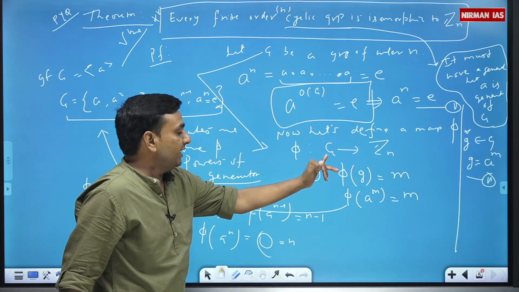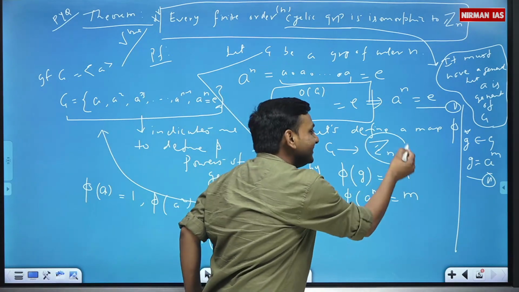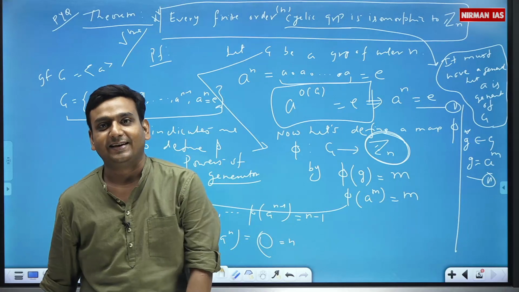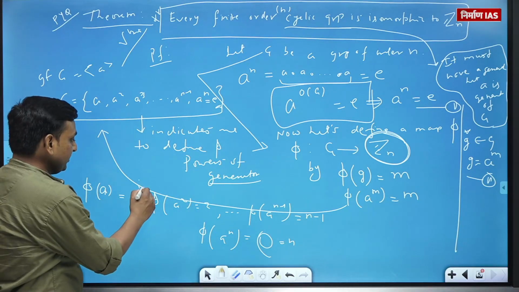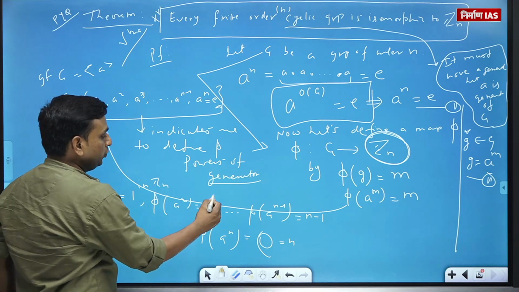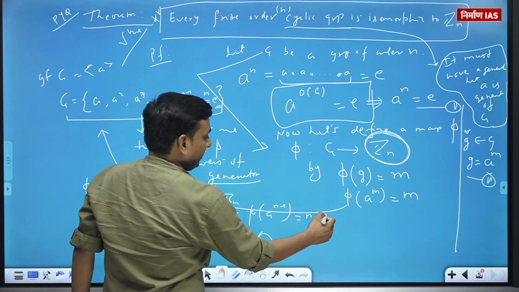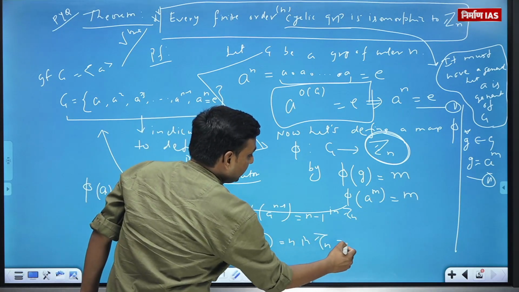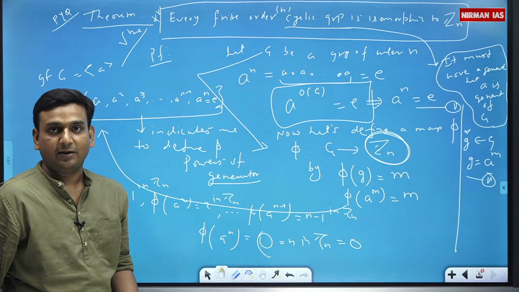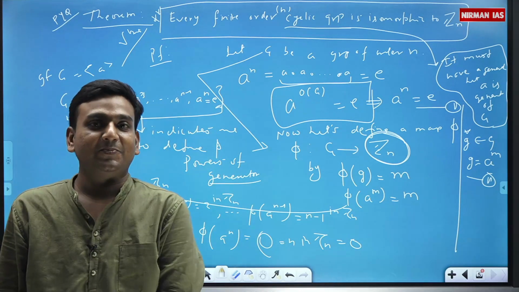Phi of some element will be an element of Zn. So phi of a is 1 in Zn, 2 in Zn, n minus 1 in Zn, n in Zn, and that is nothing but 0. Like 5 in modulo 5 is 0.